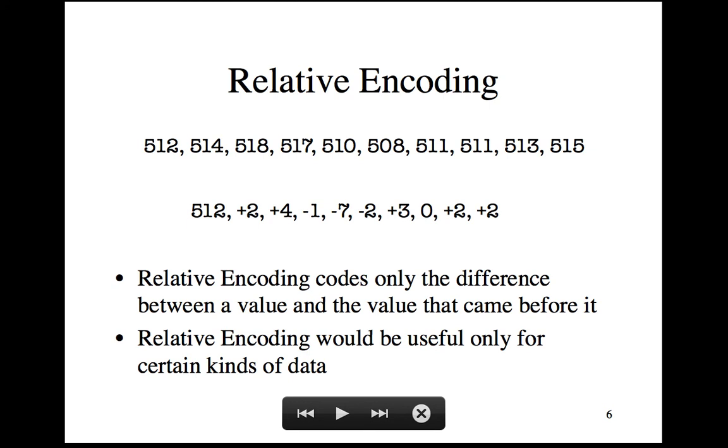Do minus 7, you'll get 510. Do minus 2, you'll get 508. Do plus 3, you'll get 511. And so on like that. And so there may be occasions when the data lends itself to something like that.